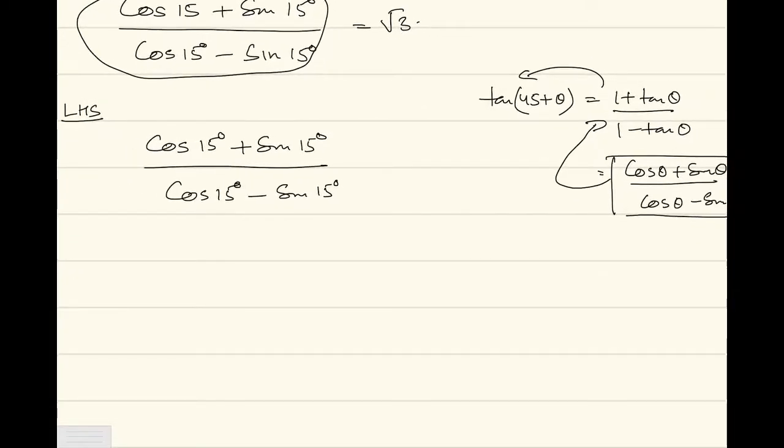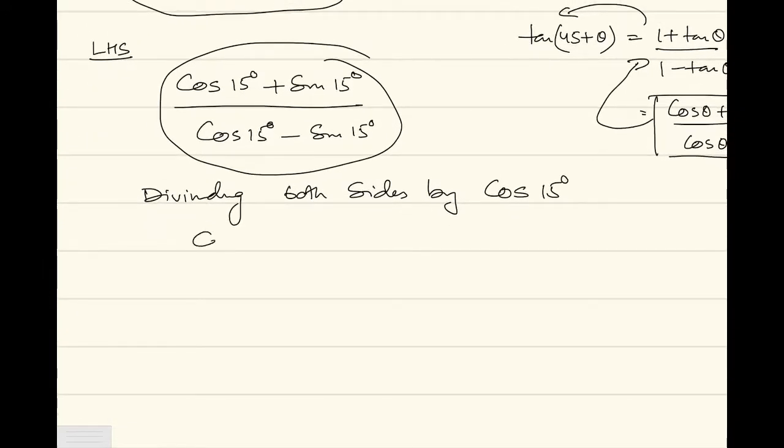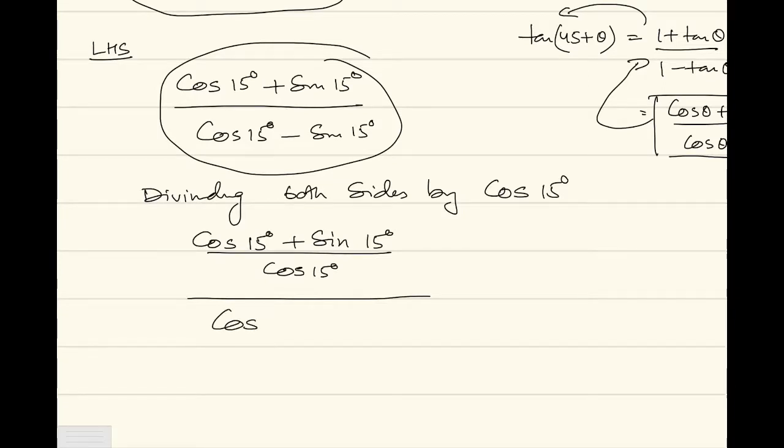In order to convert this term to tan, I'll have to divide it by a particular trigonometric expression. So I will divide by cos 15. If I do that, I get cos 15 degree plus sine 15 degree divided by cos 15 degree here, and in the denominator, cos 15 degree minus sine 15 degree divided by cos 15 degree.